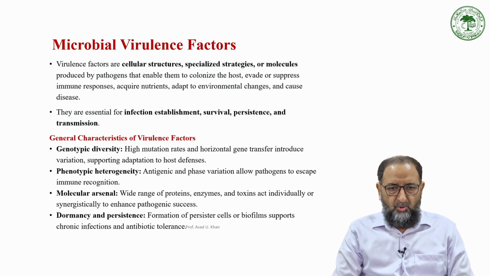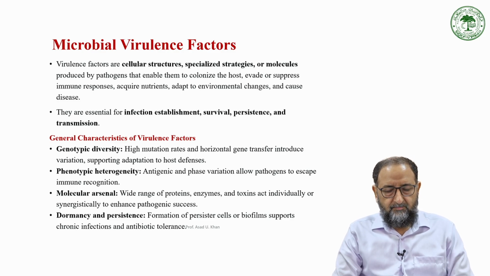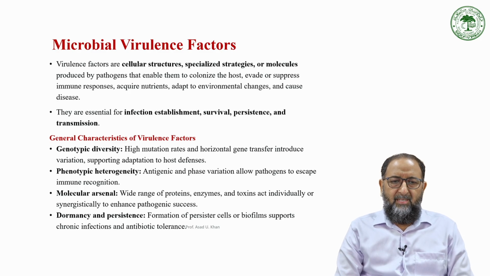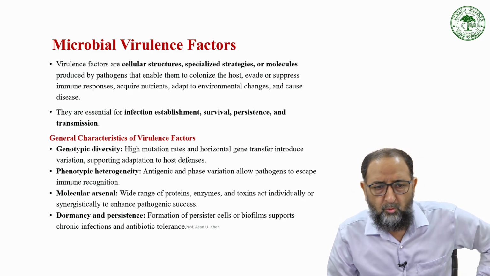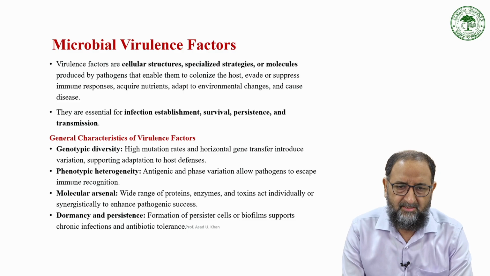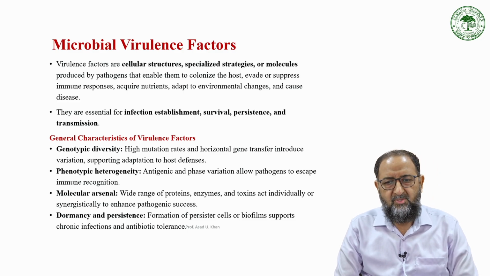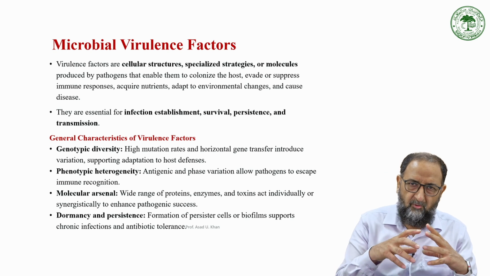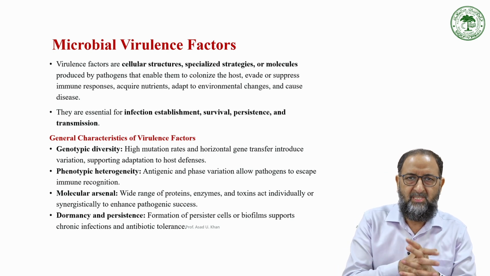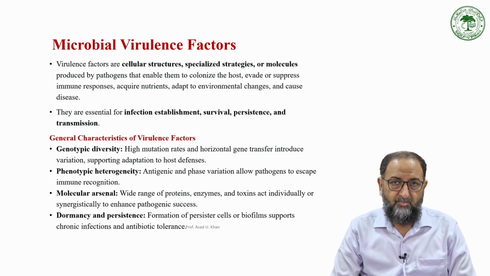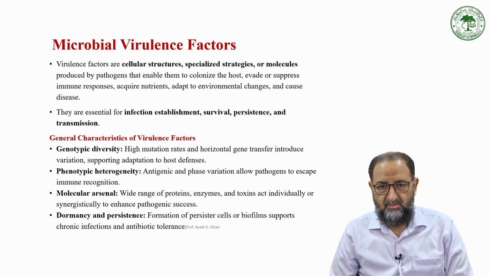Now, dormancy and persistence. Dormancy means sometimes pathogens go into a long latent stage. We call this the formation of persister cells or biofilm support, where a large number of cells can remain in a protected manner. Chronic infection may be caused by such dormancy because it is a long-term infection, with antibiotic tolerance.